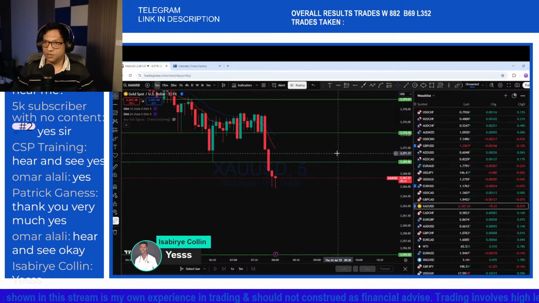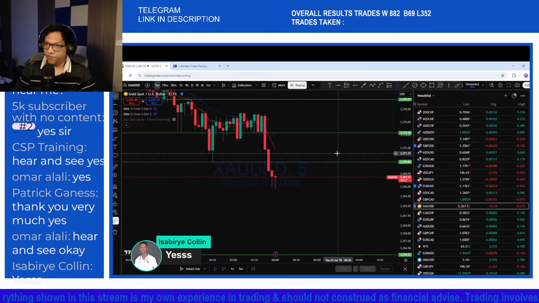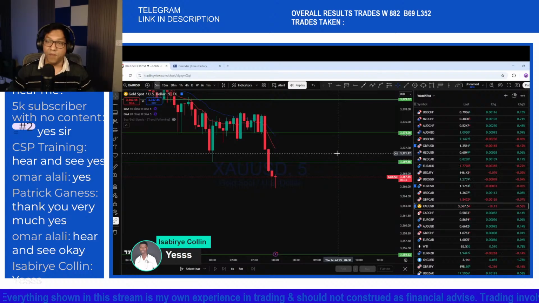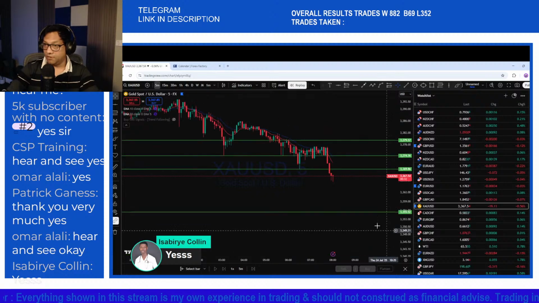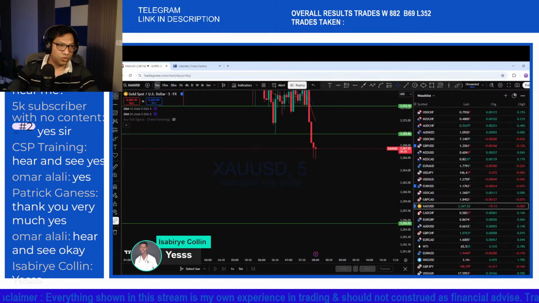That's where the best entry opportunity is for us to find a trade for this possible drop back below. And ultimately, I think the 3355 level could be hit, coming back to this support level.